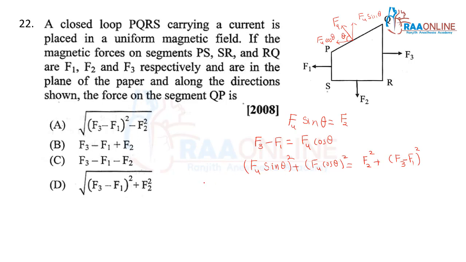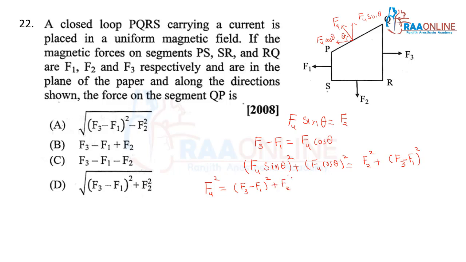Take F4 squared common. What will you get? Sin squared theta plus cos squared theta is 1. So we got (F3 minus F1) whole squared plus F2 squared.